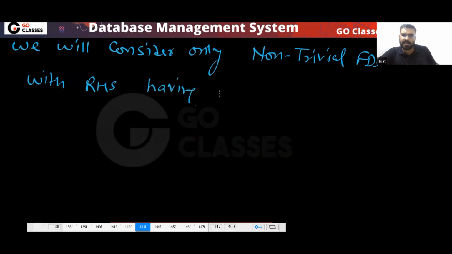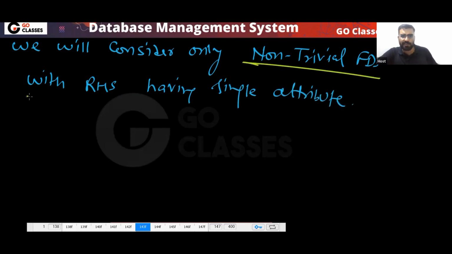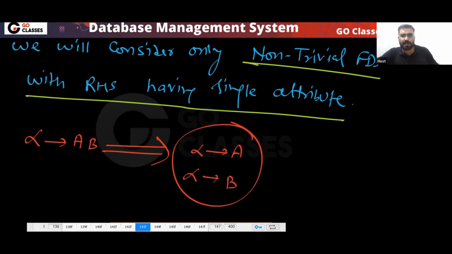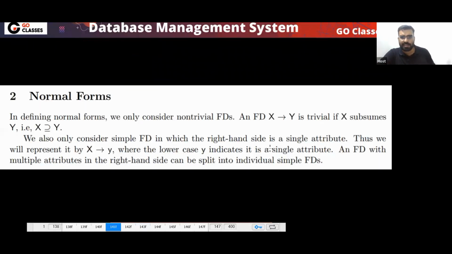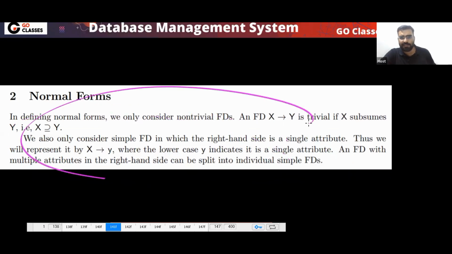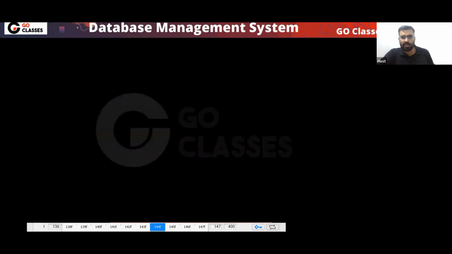So we will consider non-trivial FDs with a single attribute on the RHS. If the RHS does not contain a single attribute, then we will split: alpha goes to A, alpha goes to B. Okay, so this is the idea. So we will consider the non-trivial FD with a single attribute on the RHS.